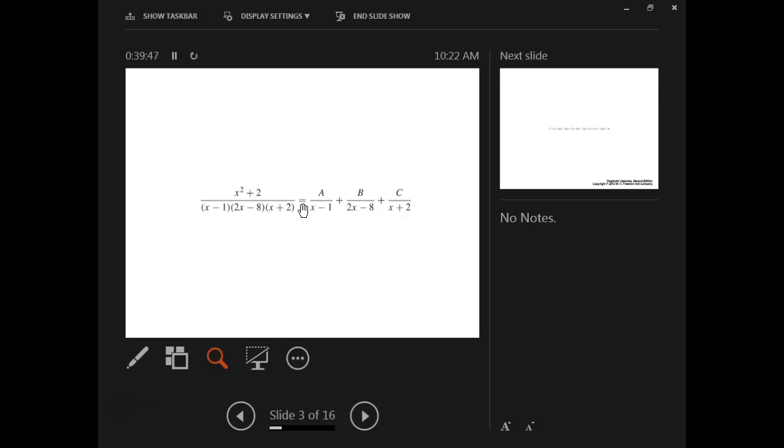It really irritates me for them to give you problems like this, because that can be simplified. Factor out a 1/2 and leave it at x minus 4. There's no reason to have a factor that's not completely factored. If you had a 1/2 out front, then that's the same as this stuff.